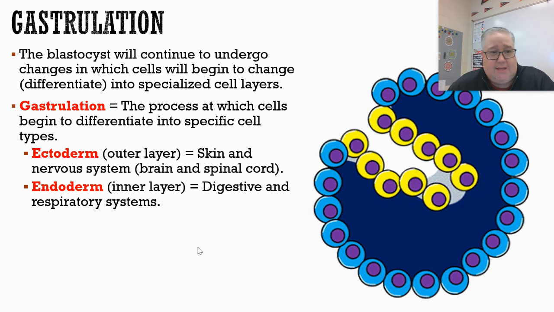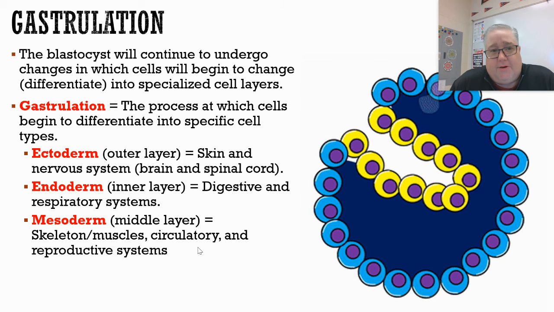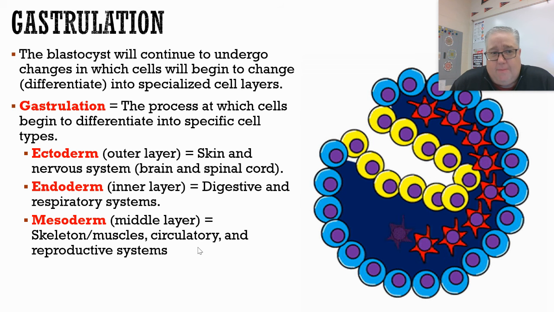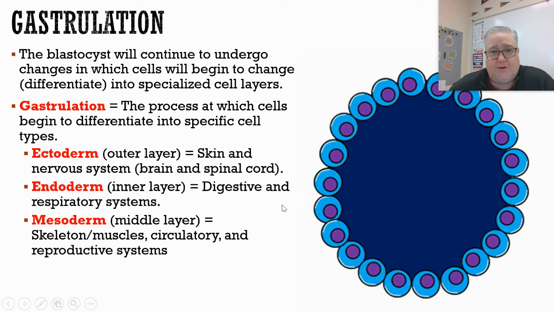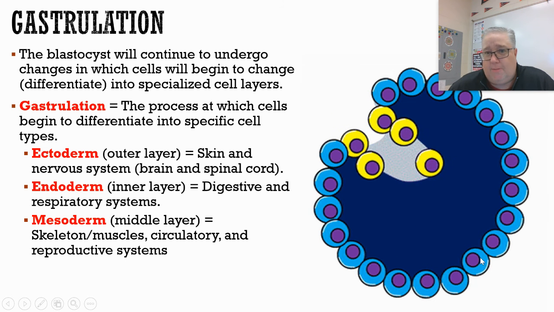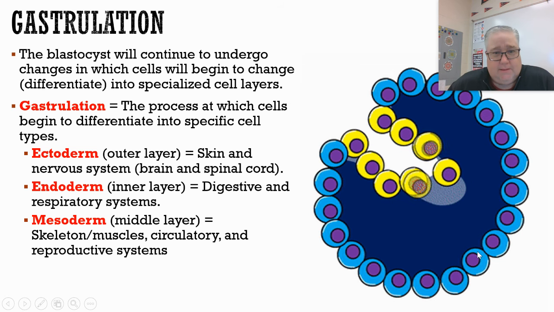So let's talk about these different types of cells. Basically there are three different layers: the ectoderm, the endoderm, and the mesoderm. In this little animation, these blue cells are the ectoderm layer.